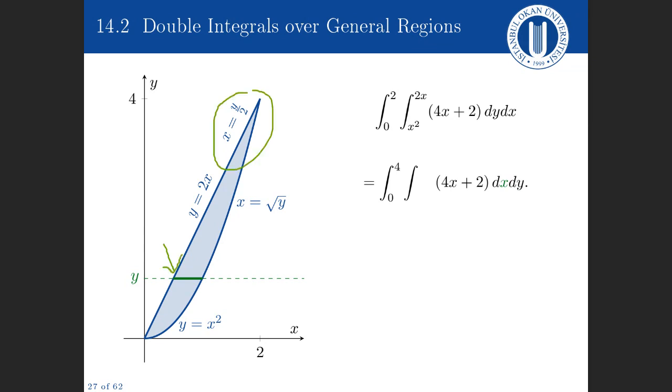Smallest is going to be when x is y over 2. And for the orange arrow, the biggest one is going to be when x is equal to root y. Fill these in. The answer is integral from 0 to 4, integral from y over 2 to the square root of y, 4x plus 2 dx dy.